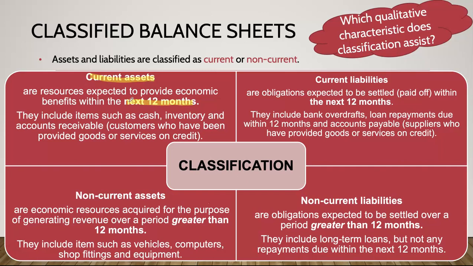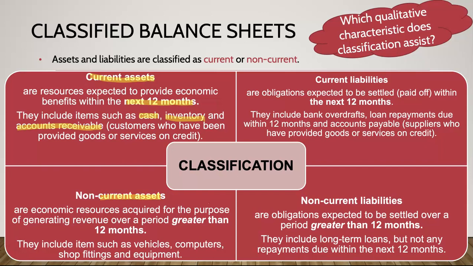You're going to turn these assets to cash within 12 months, and that's the key. Will they be turned into cash? And this largely includes cash, because it's already cash. Inventory, you're going to sell your goods within 12 months. Accounts receivable. Customers who you have given goods to and they haven't paid you back yet, you really want them to pay the money back within 12 months. You expect that to happen.